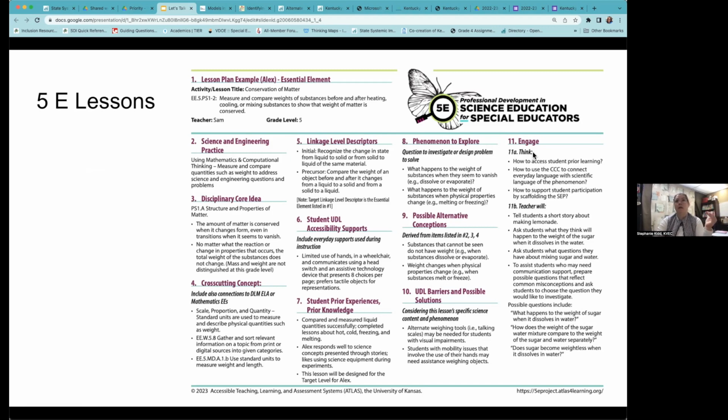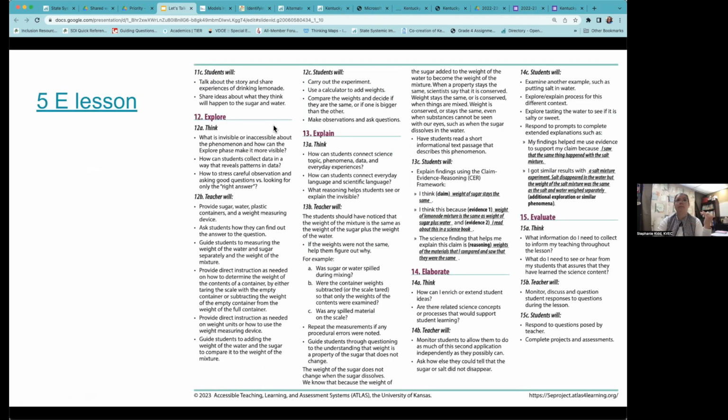So how am I going to engage my kids, right? That's the first E. This is the thinking part. This gets my students thinking, it gets them started, right? And then this is what I as a teacher will do. Then if I look at my second part of it, this is what the student is going to do. So in this one, they're going to talk about the story and share experiences about drinking lemonade.